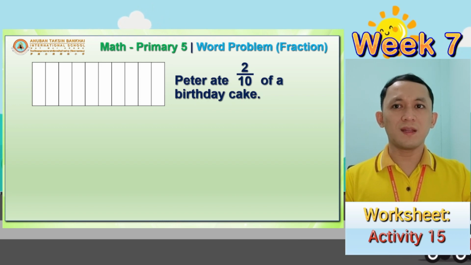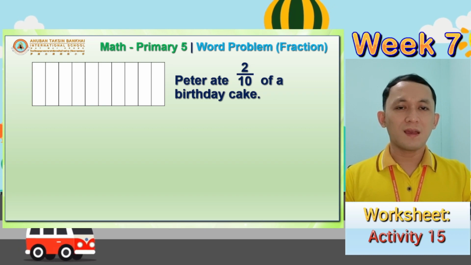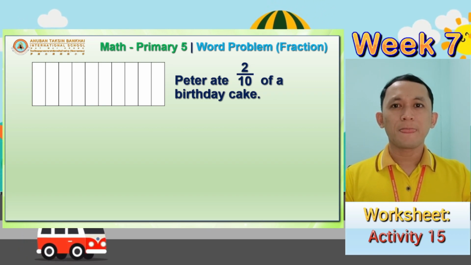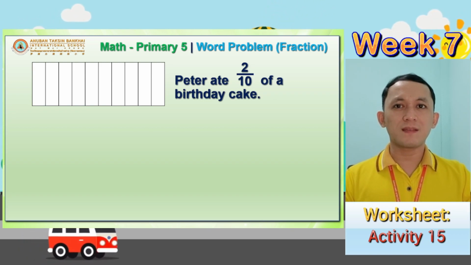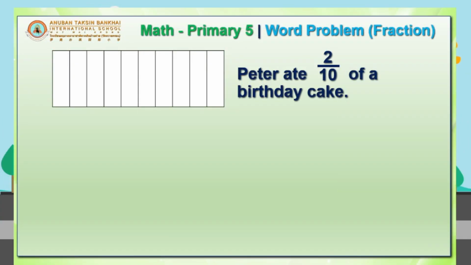So you could see here, let's assume that this is the cake that they ate, okay? And it says here that Peter ate 2/10 of the birthday cake. So let's show that fraction. So we have 10 equal parts, and this one, 1 and 2, this is the fraction that Peter ate.